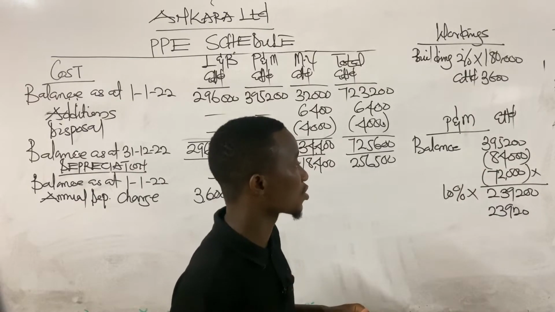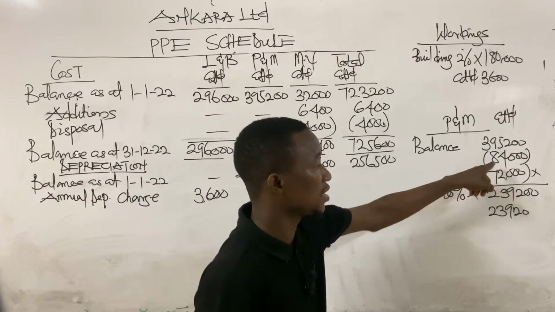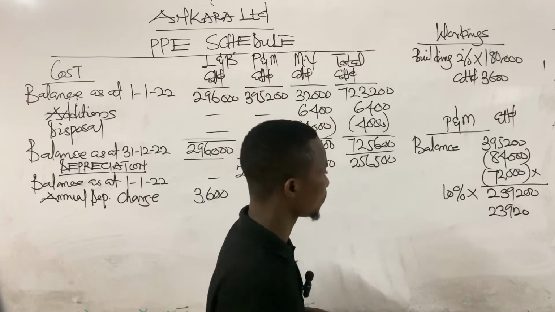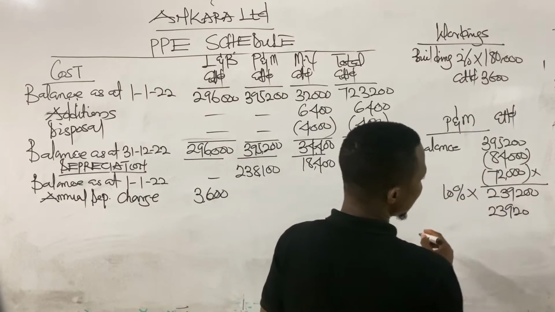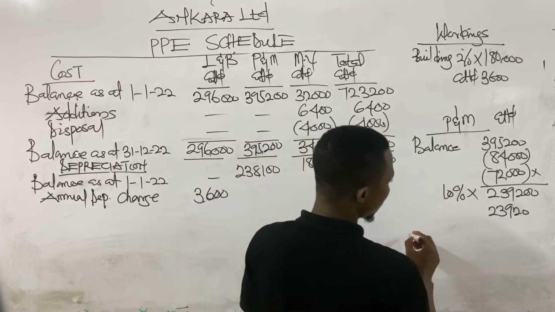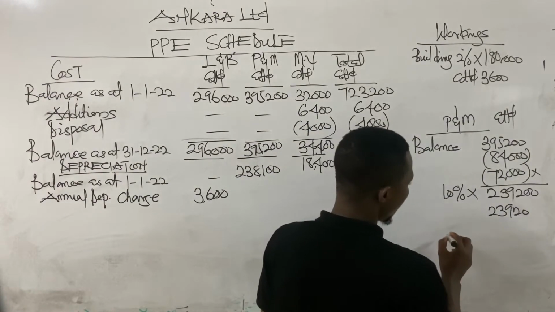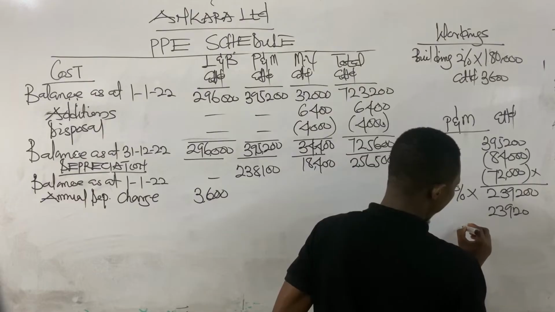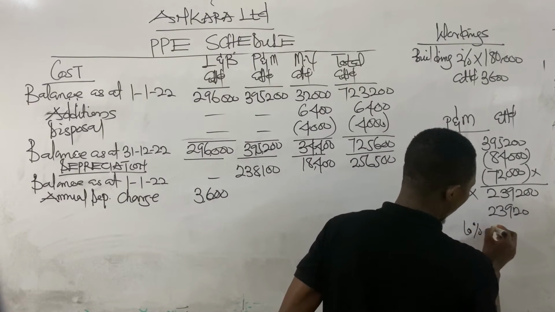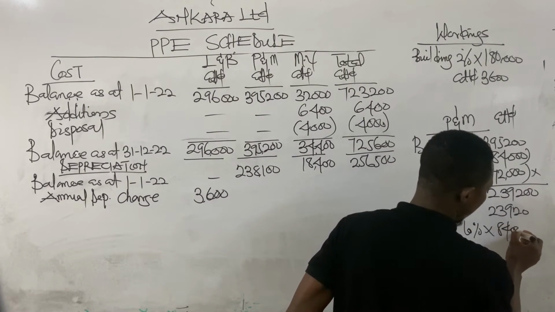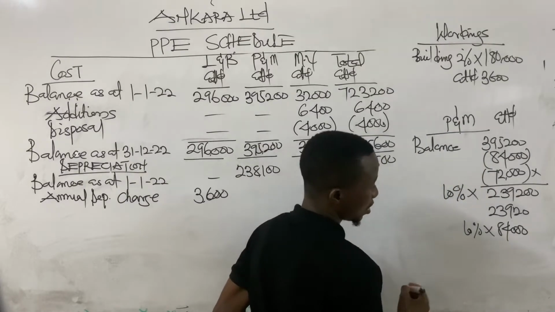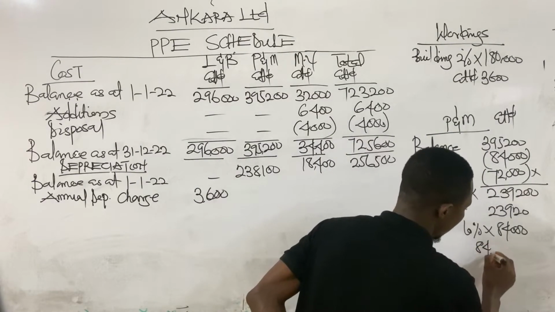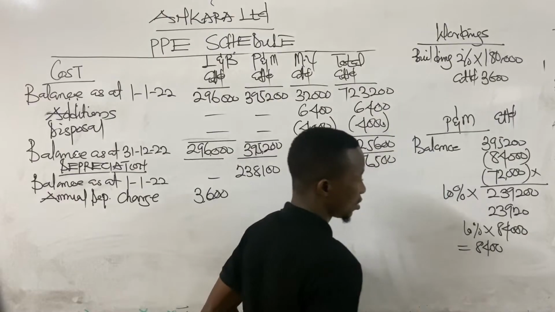Okay, so after this, let's consider the depreciation charge for this. Is that okay? So the depreciation charge for this is also 10%. So we calculate 10% on the 84,000, and this will give us 8,400.